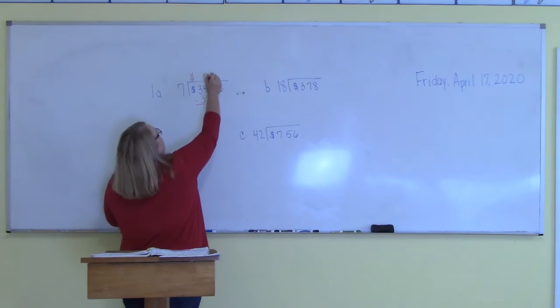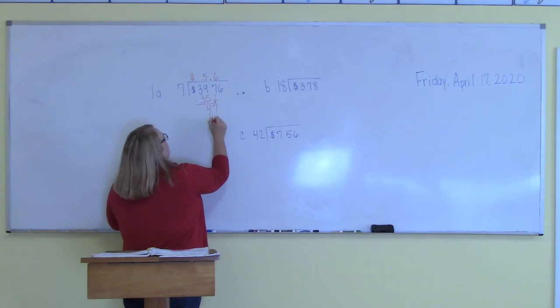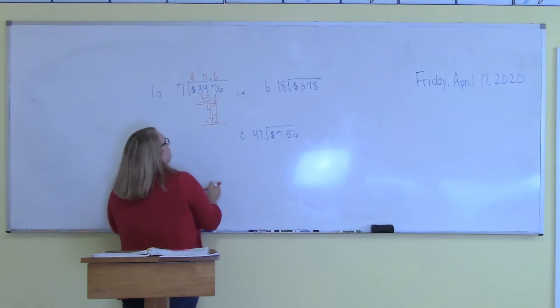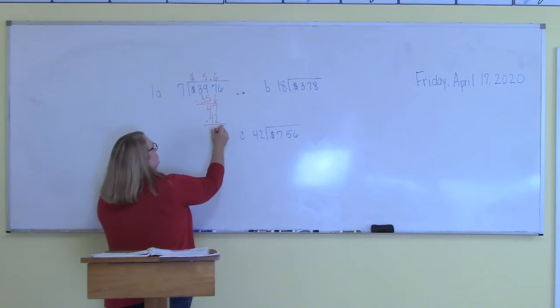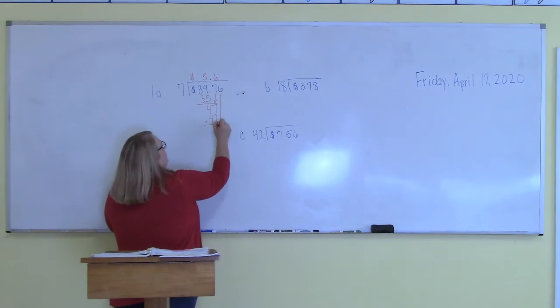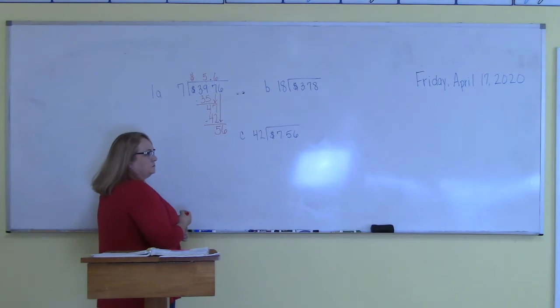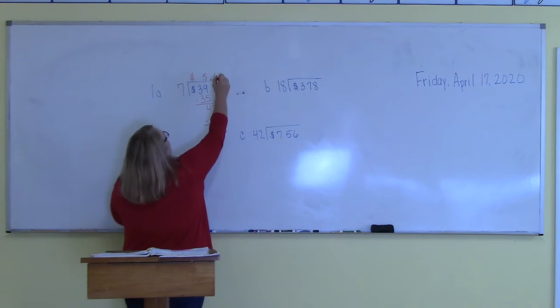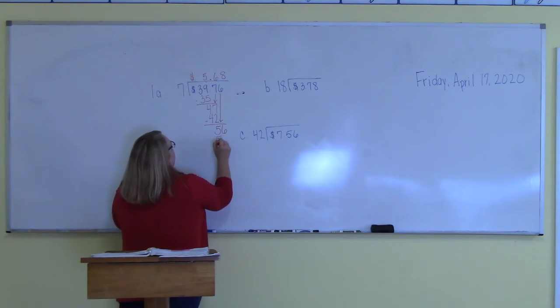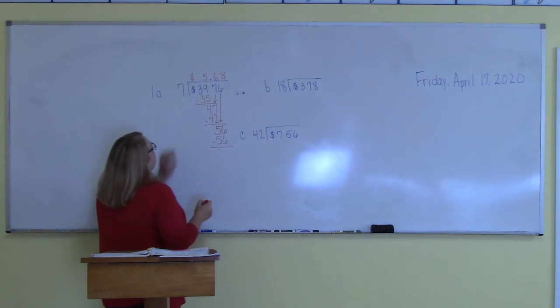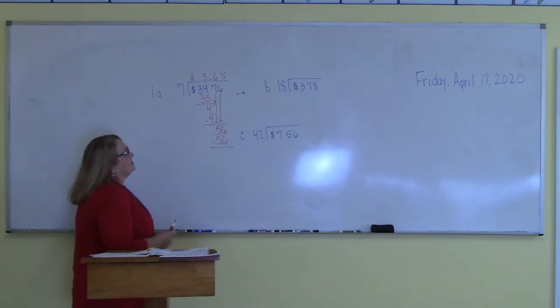Good. 6. 6 times 7 is 42. Subtract it out. 7 minus 2 is 5. Bring down your 6. 7 will go into 56 how many times? Good. 8 times 7 is 56. So your answer is $5.68.